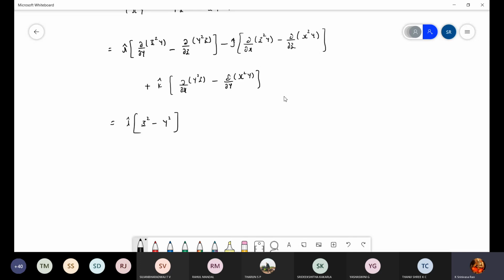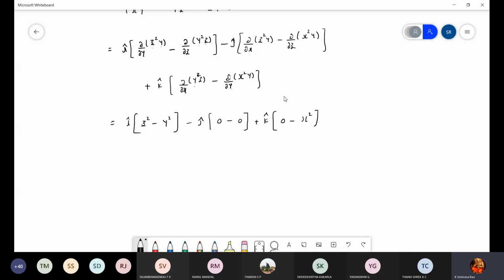With respect to y, differentiation of y is 1, z square you keep as it is, you will get z square. With respect to z, keep y square as it is, z differentiation is 1. Minus j cap into partially with respect to x, no x in the first term, therefore it is 0, minus again with respect to z, no z term, this is also 0. Plus k cap into differentiation with respect to x, no x, both y and z are constant, so it is 0, minus with respect to y, y is there here, you will get x square.